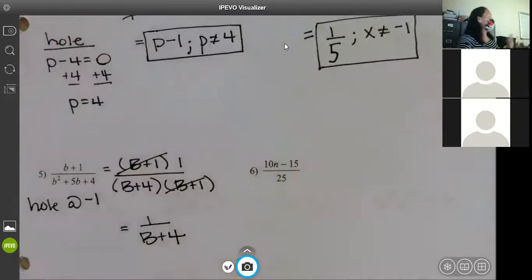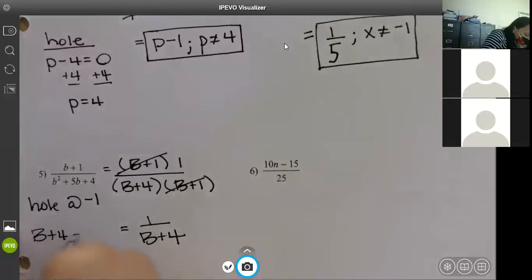This is the first one that we've had with a denominator that has a variable, right? So if there is a denominator that has a variable, we will have a vertical asymptote. How do you know where that is? You take that denominator, set it equal to 0 and solve.